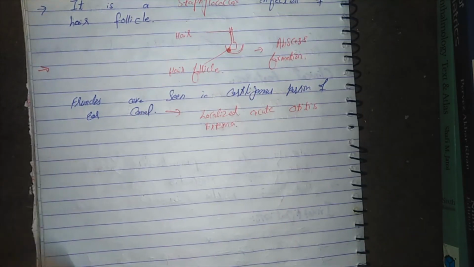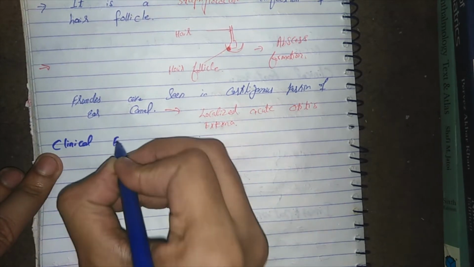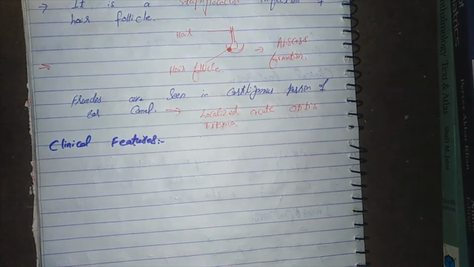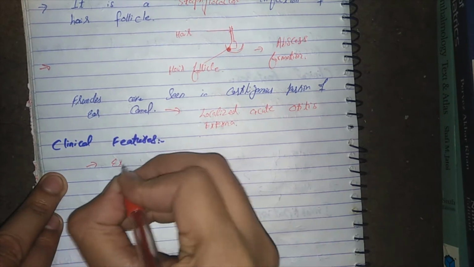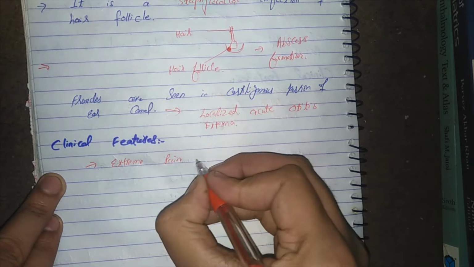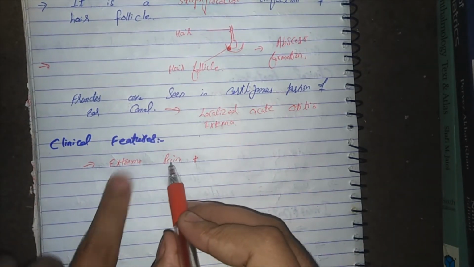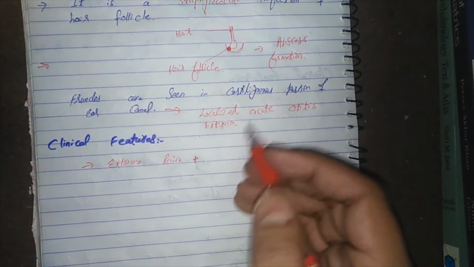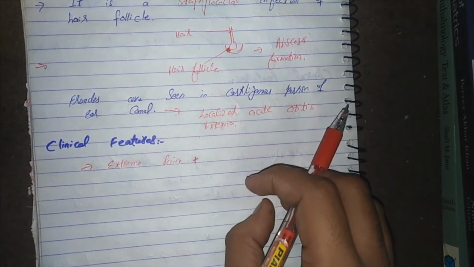Now we will discuss the clinical features. In furuncles, there is extreme pain. This pain is out of proportion to the size of the furuncle, meaning that the furuncle will be small in size but the patient will complain of extreme pain.